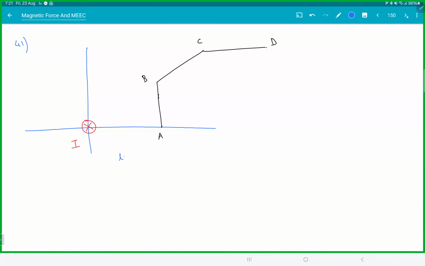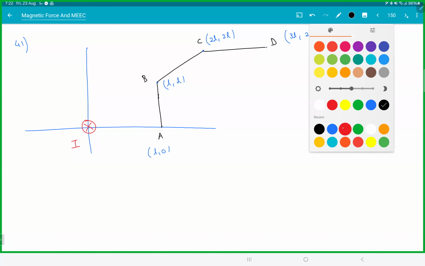Let's say this is L comma 0, this is L comma L, and I want that angle to be 45. How will I do that? It's L comma L. This is 3L comma L, something of this sort. I hope my coordinates are making sense, but okay.